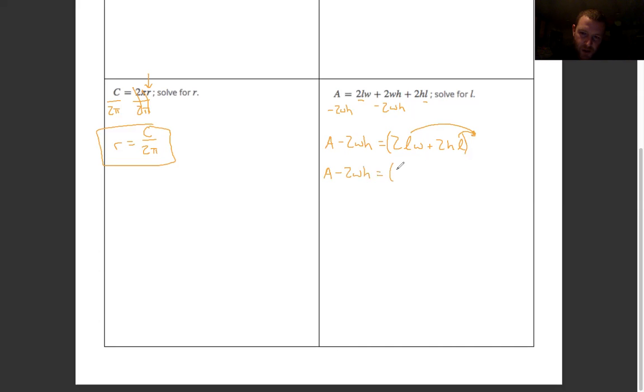I pull out the L, what's left? 2W plus 2H. And then on the outside is L. So I'm multiplying all of this by L. So if I wanted to get rid of this, what's the opposite of multiplying all that? I'm going to divide it. And I get my answer. L is equal to A minus 2WH divided by 2W plus 2H.